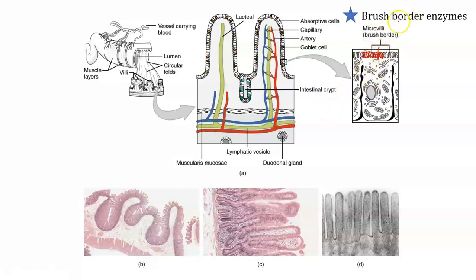But the brush border enzymes generally are the things that are going to do the final leg of digestion. So let's say you had a big, long carbohydrate, maybe hundreds and hundreds of glucose molecules bound together. By the time it gets to here, that big polysaccharide would maybe be just small oligosaccharides, maybe 3 or 4 linked together, maybe up to 10.